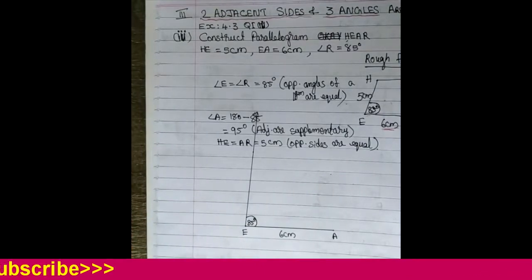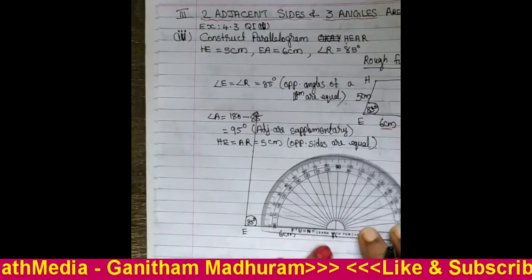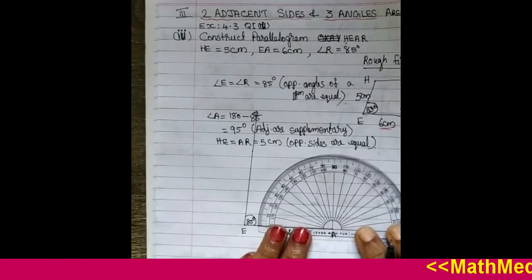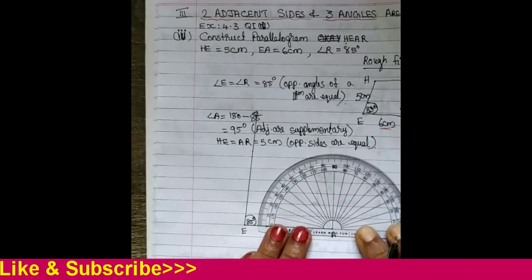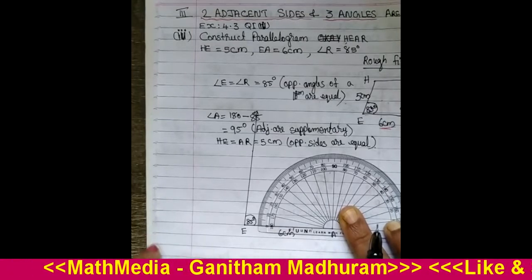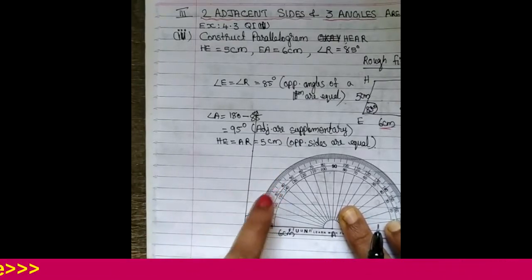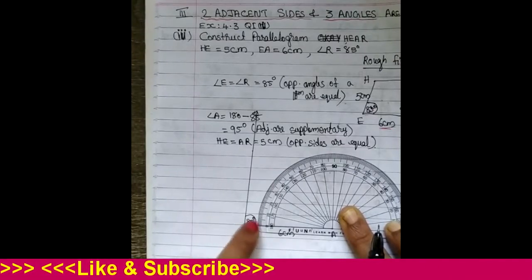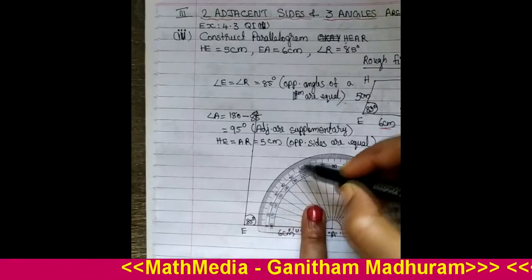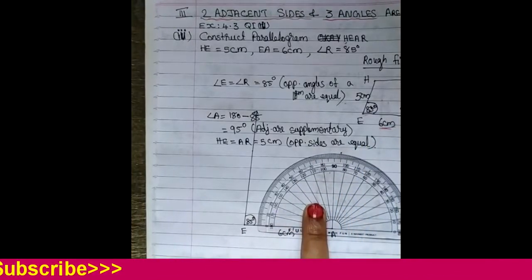Now at A I have to draw 95 degree. So I am keeping at A, that means right side of the line segment. So from where I have to take the measure? Yes, the line segment is extending on left side, that means I have to take 0 from this side only, same side where the line segment is extending. 95: 0, 10, 20, you can see 90, and this is the point 95.